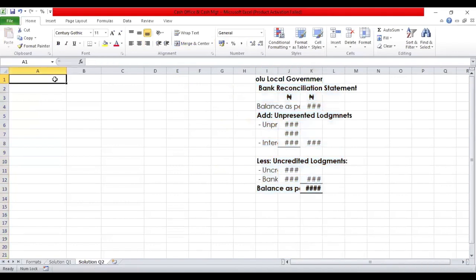What's the name of the organization, the one we are doing now? Igwe local government.